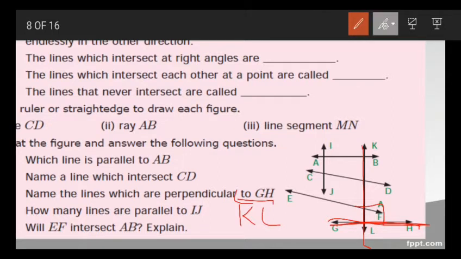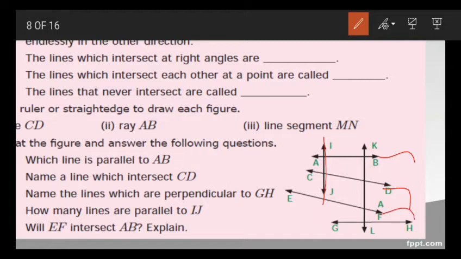Okay. Now we have to see how many lines are parallel to IJ. So we have IJ. AB is intersecting, CD is intersecting IJ, AE, EF. EF will also intersect IJ.